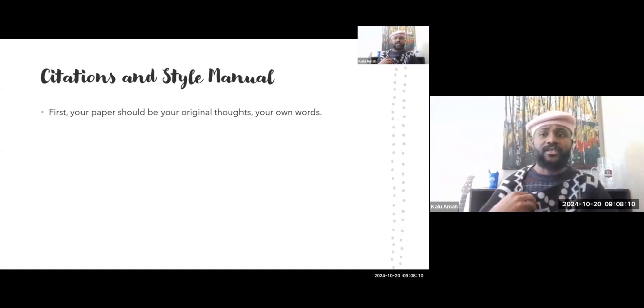So it is something new you are bringing in, maybe an extension you are bringing into your paper. But then you go as far as integrating other sources, what other authors or other scholars have said, as evidence to back up or defend your claim or hypothesis. But that doesn't dispute the fact that the paper is your original work.